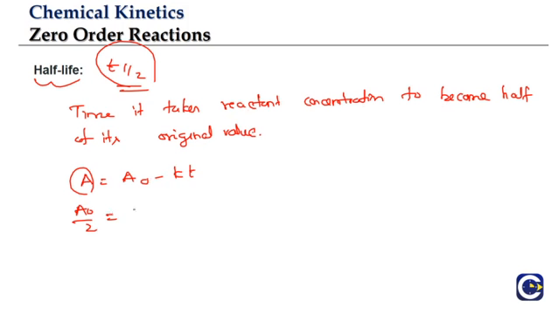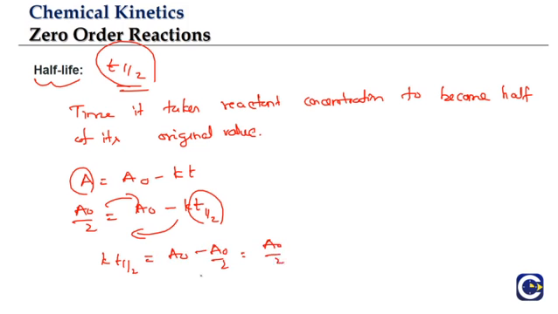So we put A equal to A naught by 2, and A naught minus k into T half. On rearranging, k into T half will be equal to A naught minus A naught by 2, which is nothing but A naught by 2. So finally, T half will be equal to A naught by 2k.